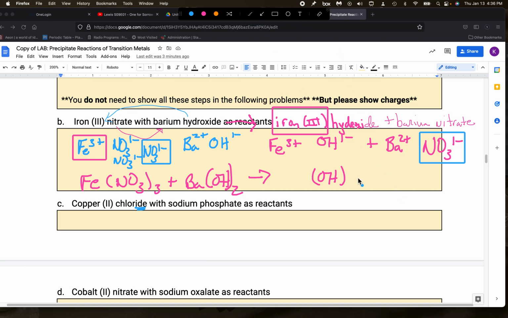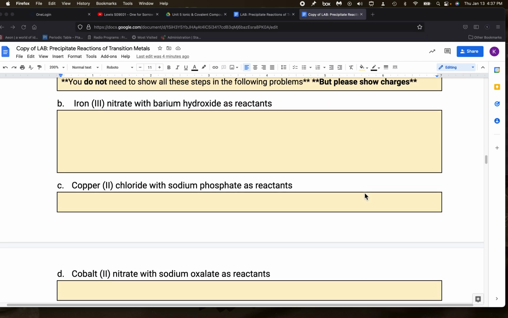And so now we're going to have nitrate. And there's going to be a certain number here, and a number here. The barium will go here, the iron will go here, and then you just have to figure out what number goes there, and what number goes there. And so that's how you do this part of the lab.